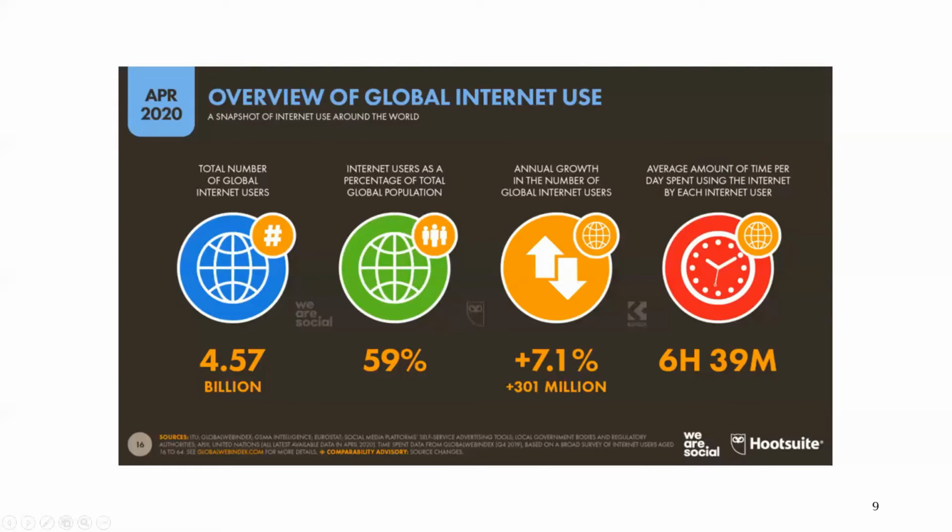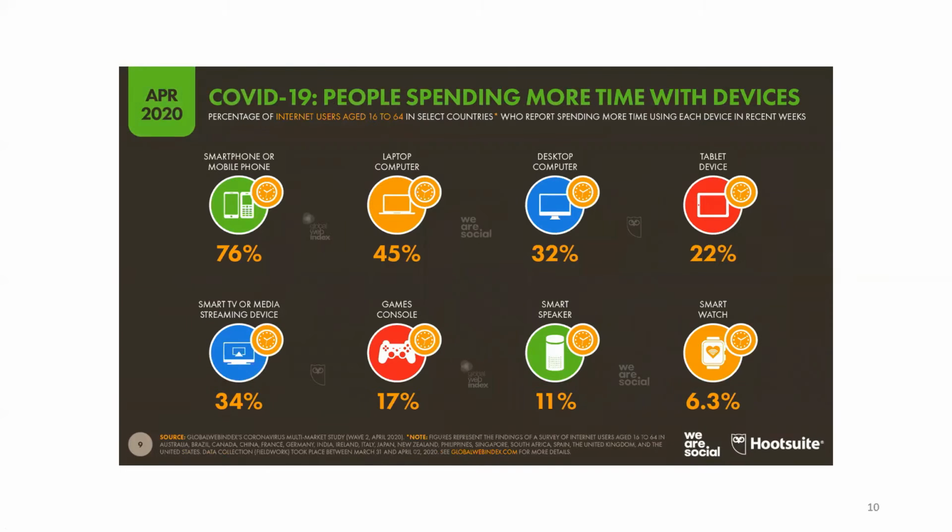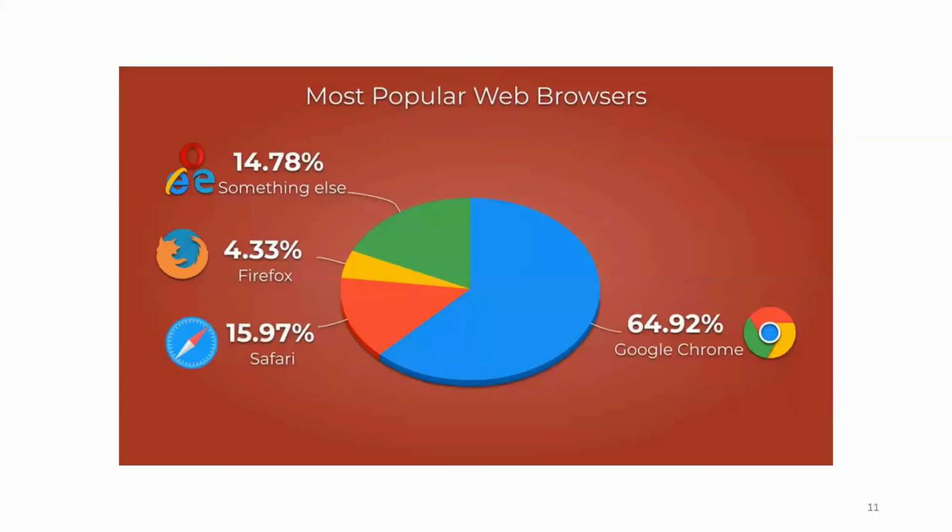So this is the way that we look at the context of internet use. People spend more time with devices. You will see that smartphone is about 76%, which is the largest that you will see, in terms of time spent using the smartphone. So what are the popular web browsers?